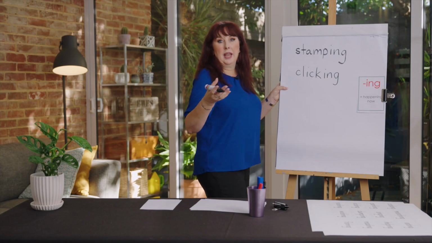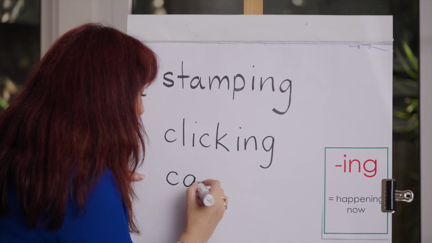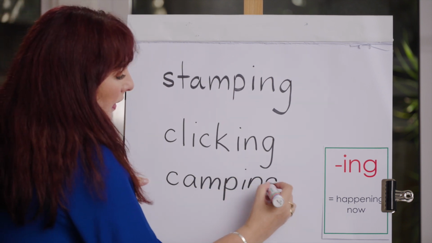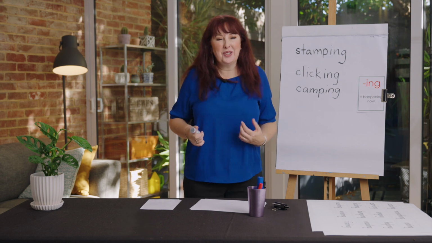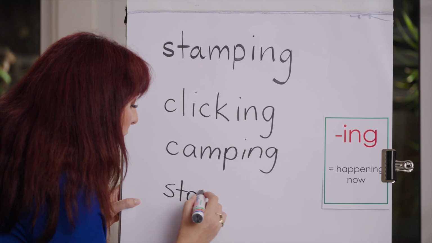How about I like to camp at Deep Creek? Camp. I am camping. We have the word camp, camping. Good job. One more. Oh, we've already had stamping. Now I'm stomping. It's almost the same, isn't it? Stomp, stomp, stomp. That's right.